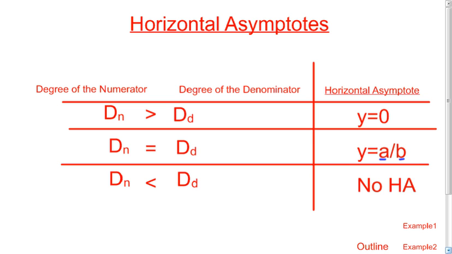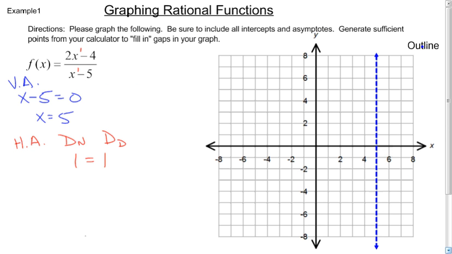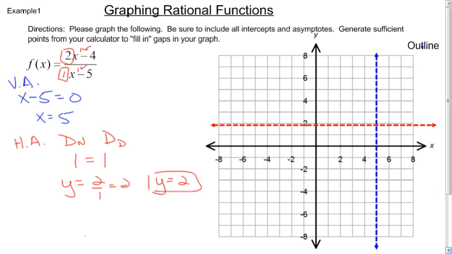Now you should remember from your notes from class that a over b is not the exponents, but the coefficients of the lead terms. So we get here that y equals 2 over 1, which is equal to 2. y equals 2 is the equation for my horizontal asymptote. So I'll go to y equals 2 and put that in.